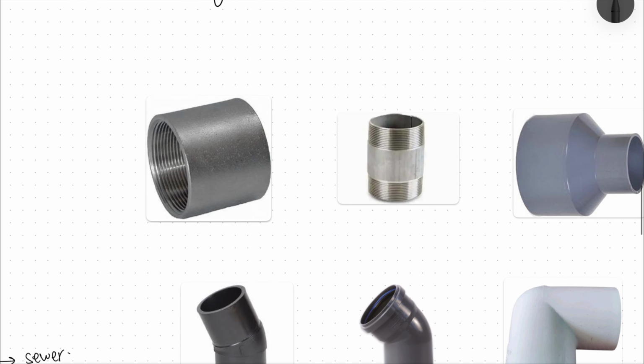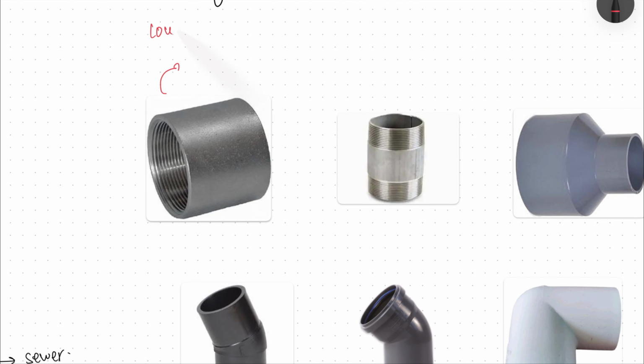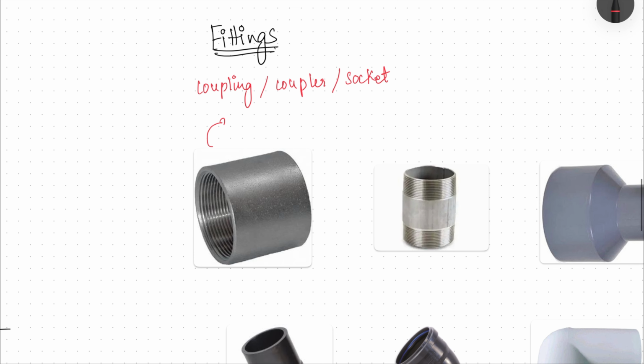Okay, now let's talk about different types of fittings that are used to connect pipes. This is called a coupling, coupler or socket, and this is basically something that is used to connect two pipes. But here's the deal: you see this threading that's running along the inside of the pipe, right?